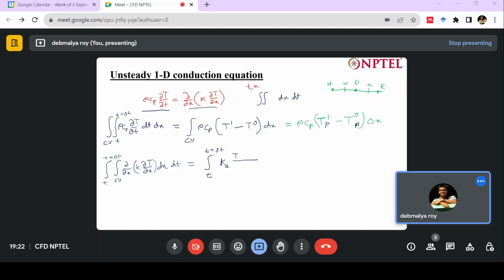So this is Te minus Tp over delta x, minus kw times Tp minus Tw divided by delta x. I am assuming this delta x to be constant, though we could do the most generic case as well.